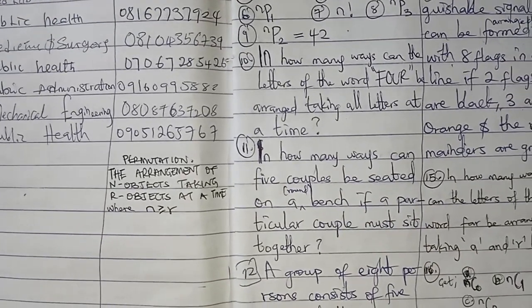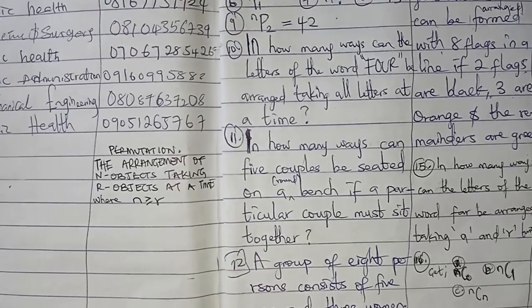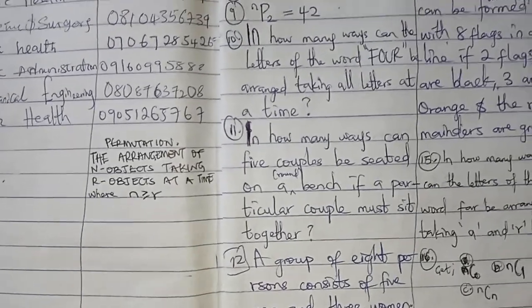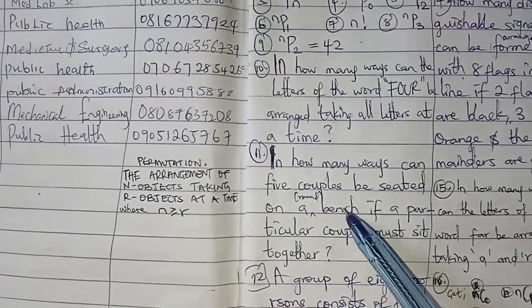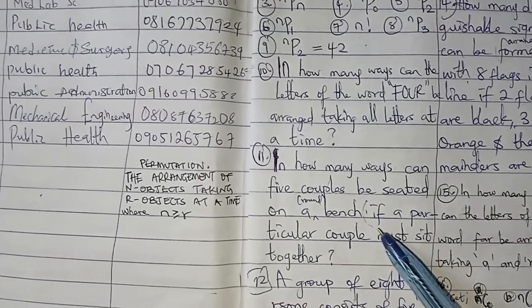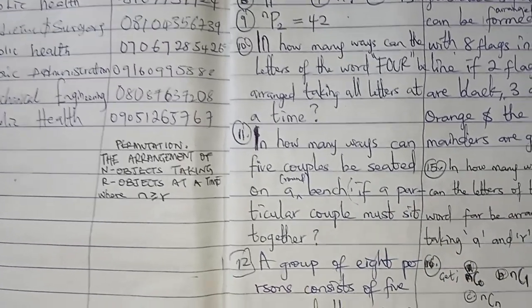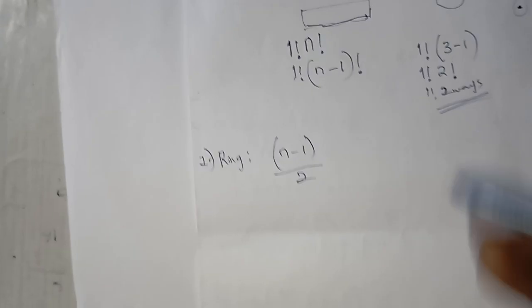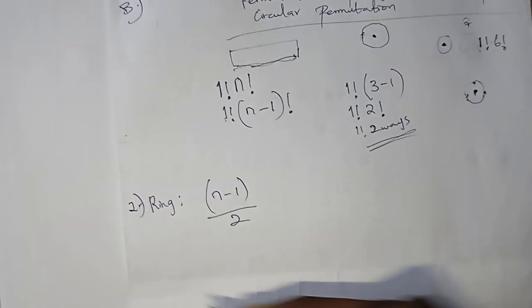In how many ways can 5 couples be seated on a round bench if a particular couple must sit together? We will not put it because we'll still get to that. That's a conditional permutation. We'll still get to it. So in how many ways can 5 couples be seated on a round bench? So it's simply going to be these 5 couples, 5 couples on a round bench.